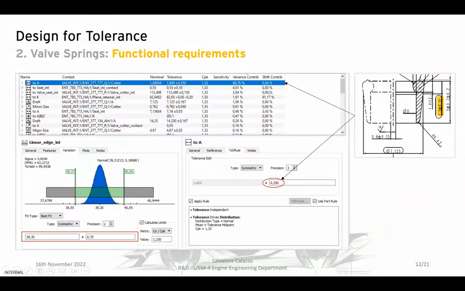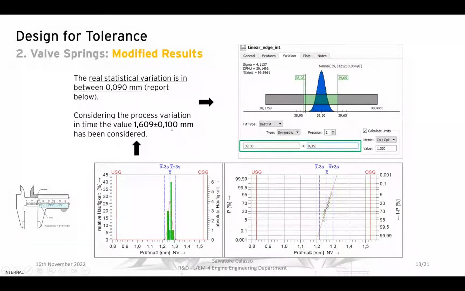So first step, we understand which is the most impacted tolerance in the tolerance stack-up. Then the second step is to understand together with the supplier which is the reason of this value. And we discovered that our supplier had the possibility to reduce these values, and the reason to have the plus minus 0.35 millimeter on the drawing is that its capability can change along the time.